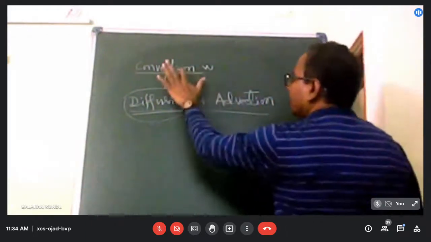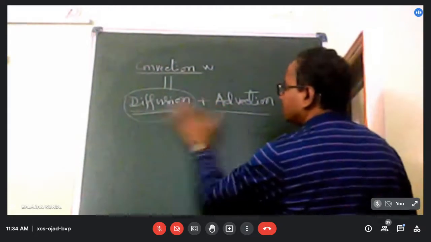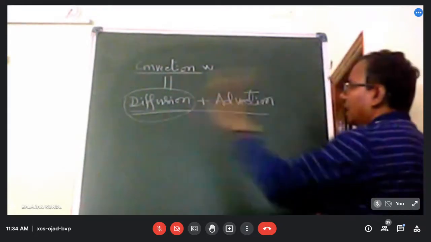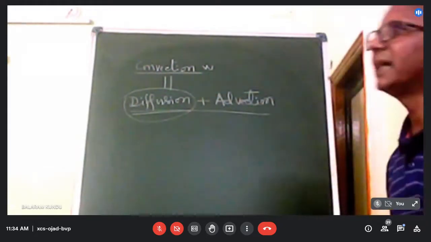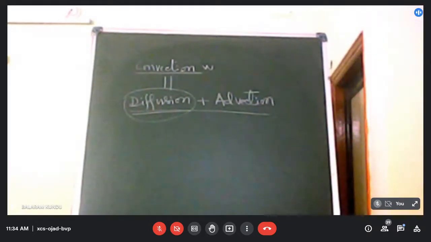So in convection, two heat transfer aspects are there, definitely diffusion and advection.